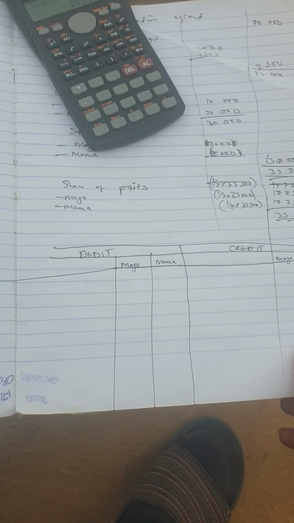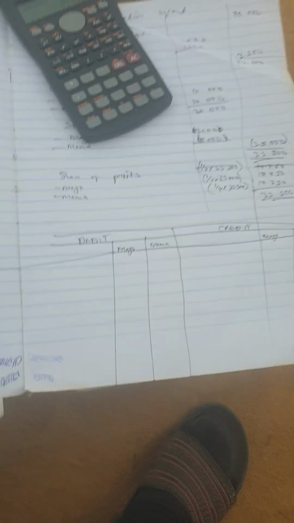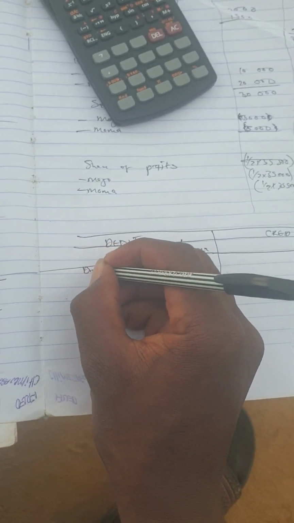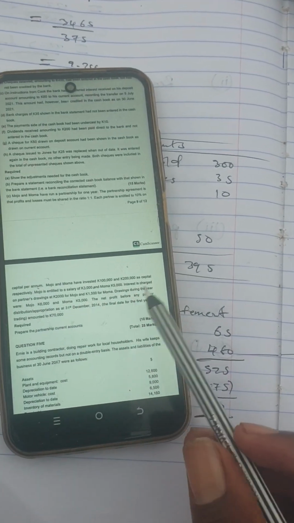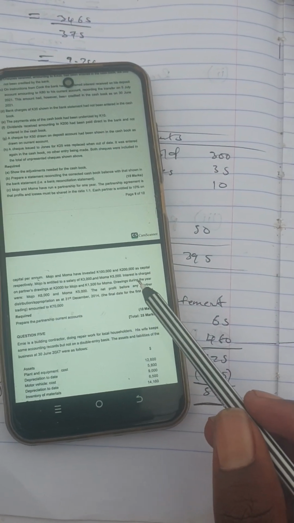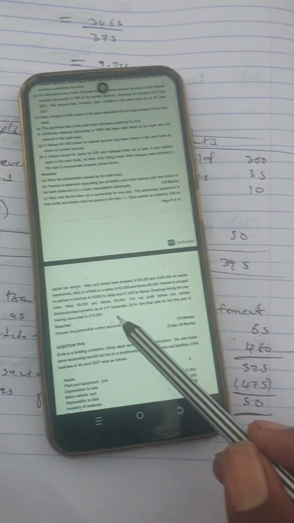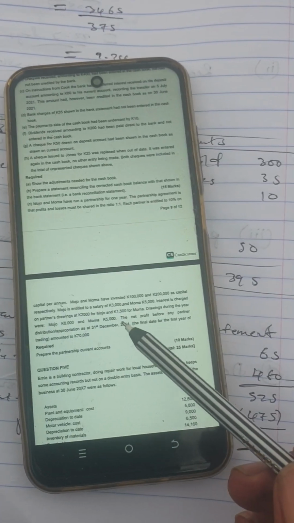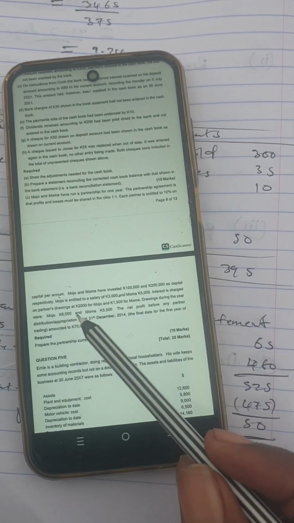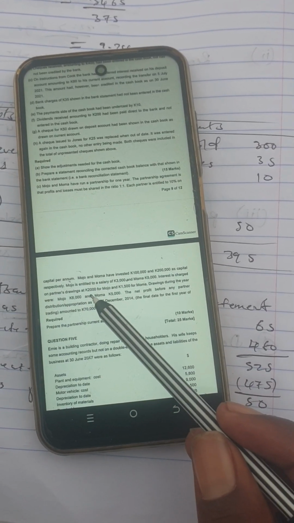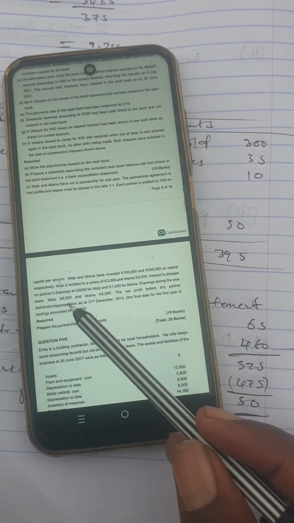Okay, so due to that, we're going to start with, remember, on the debit side, we only have drawings. Drawings in the question, 2,000 for Mojo, no sorry, that is interest on drawings.